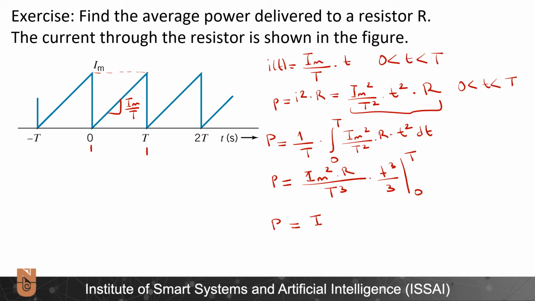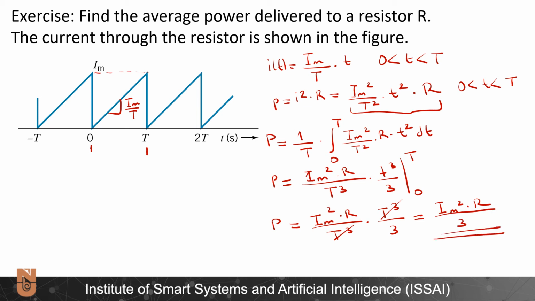So it will be equal to Im squared times R divided by T to the third power times T to the third power divided by 3, and this term will cancel that term, and the average power will end up being Im squared times R divided by 3.